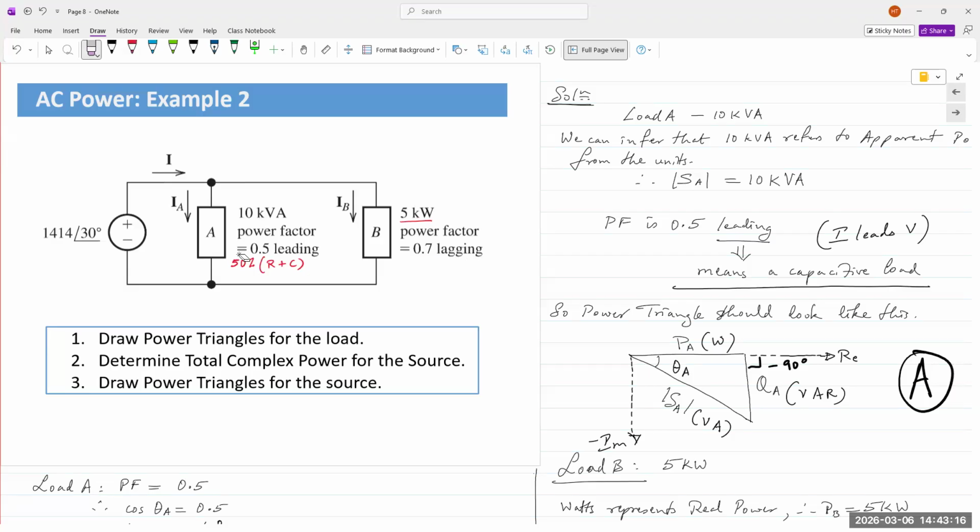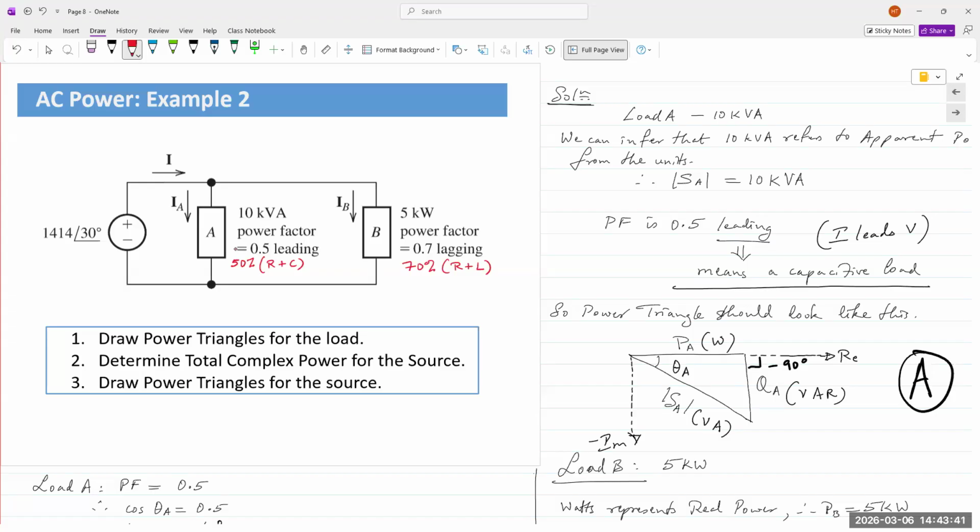That means 70%, and it's probably R plus L. Again, lagging power factor indicates it's an inductor. Leading power factor indicates it's a capacitor. Okay, it actually does not matter because you're not drawing a circuit diagram.